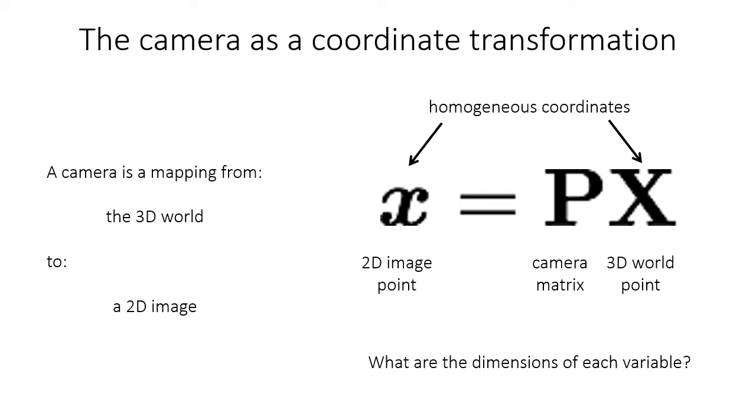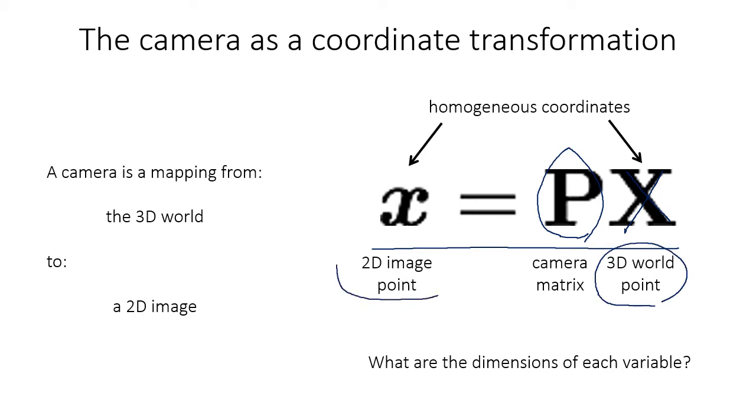From the simple pinhole camera model, finally we get this simple equation. This P is the camera matrix, this capital X is the 3D world point, and this small x is the 2D image point, and this small x and large X, we call homogeneous coordinates.